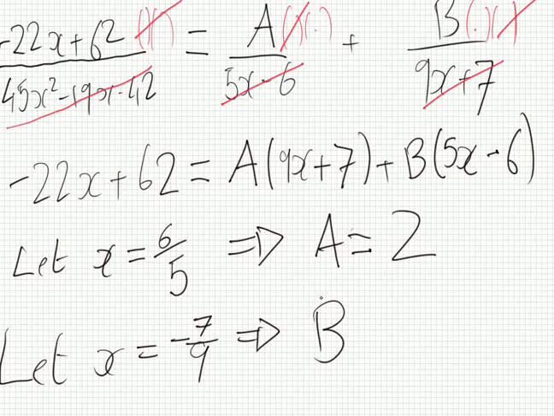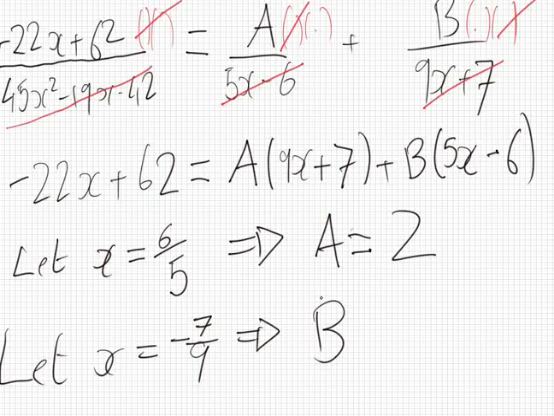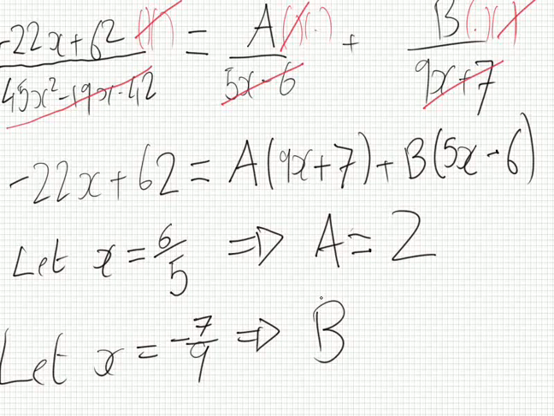Okay, so if I let x equal minus 7 over 9, this goes, and I'll be left with getting B equals, let's see, minus 22 times minus 7 over 9 plus 62, divided by 5 times minus 7 over 9, minus 6.